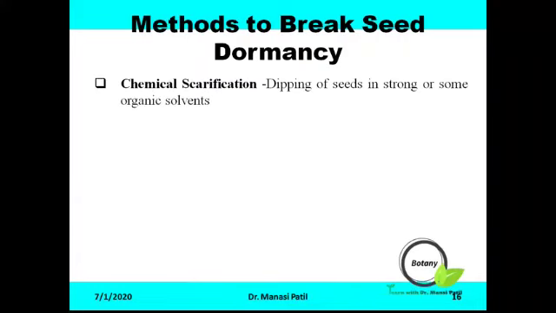Then the second method is chemical scarification. Chemical scarification is nothing but treating seeds that have a hard seed coat with strong acids like H2SO4 or some organic solvents such as alcohol.